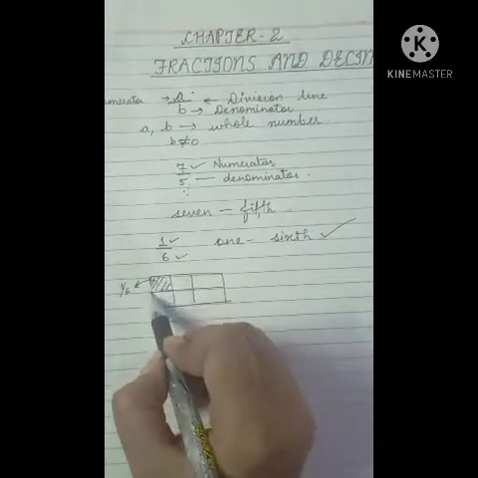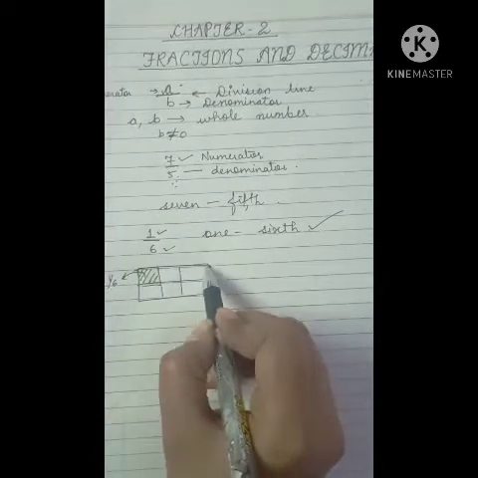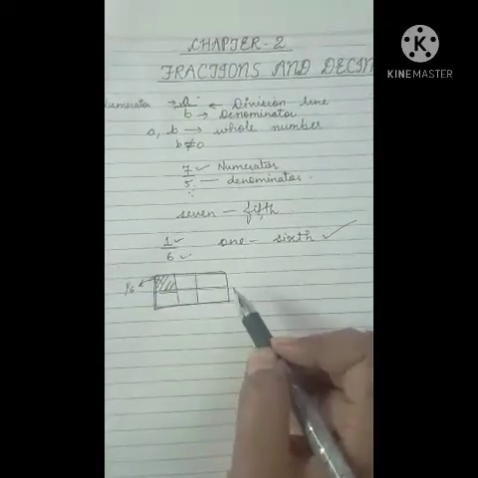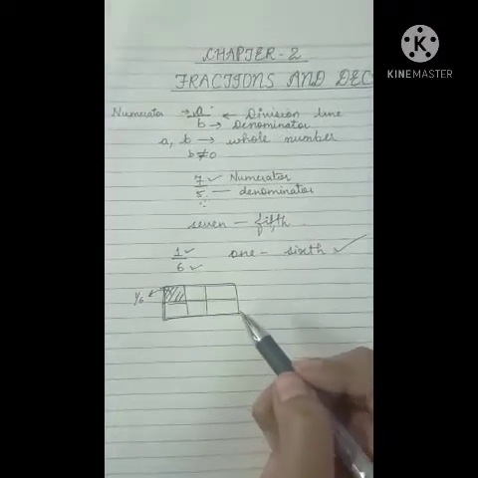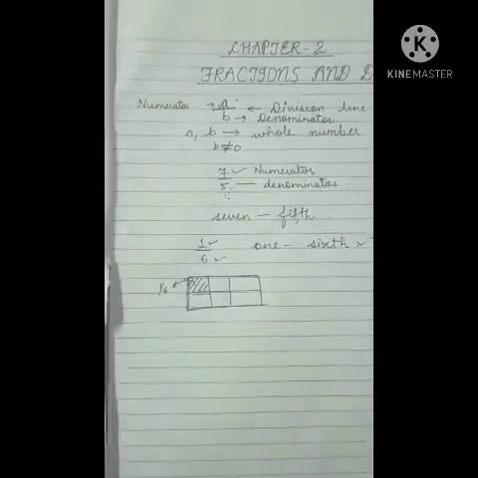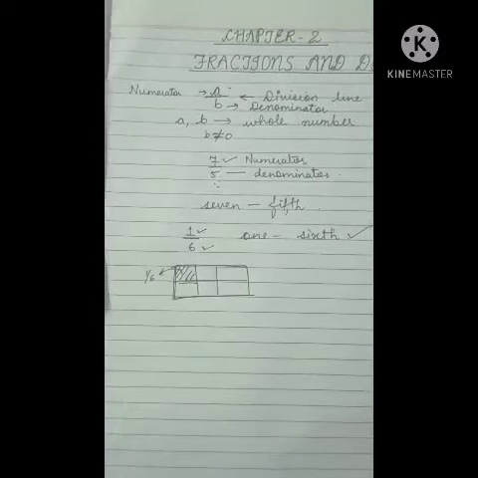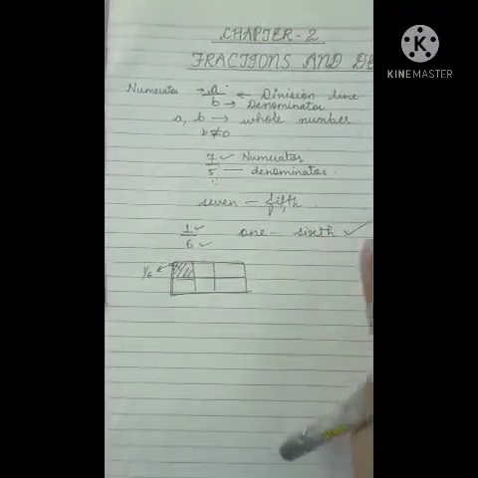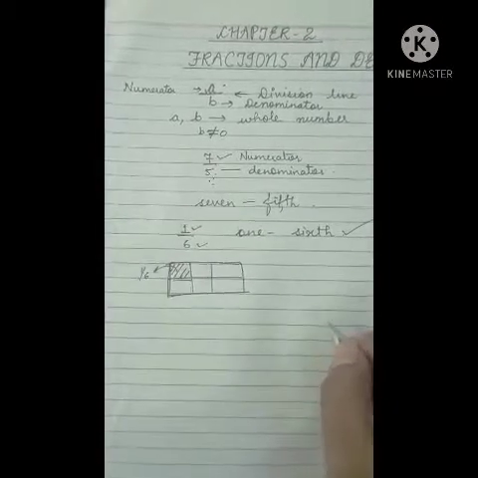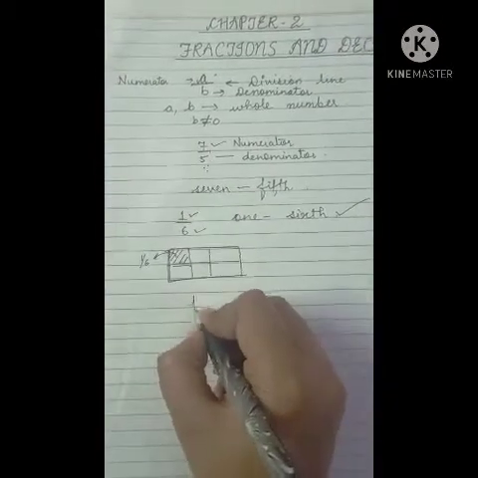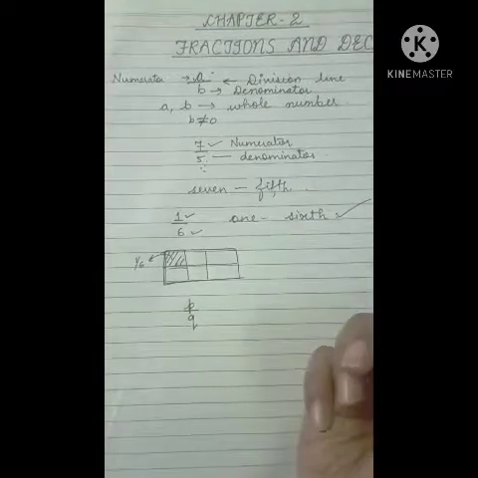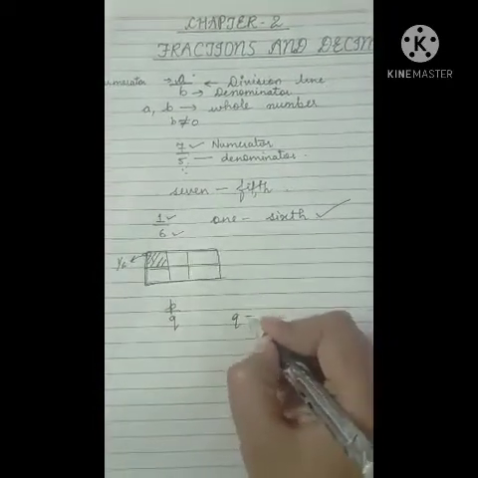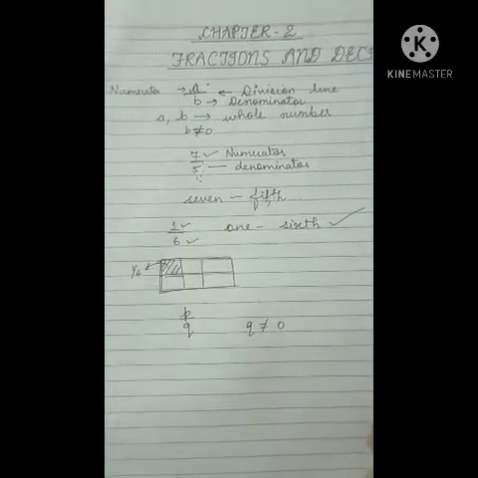It means this is one part out of the whole 6 parts. This is what a fraction is. Clear? So a fraction is nothing but a ratio of two integers in the form of P by Q or A by B, such that Q is not equal to 0.